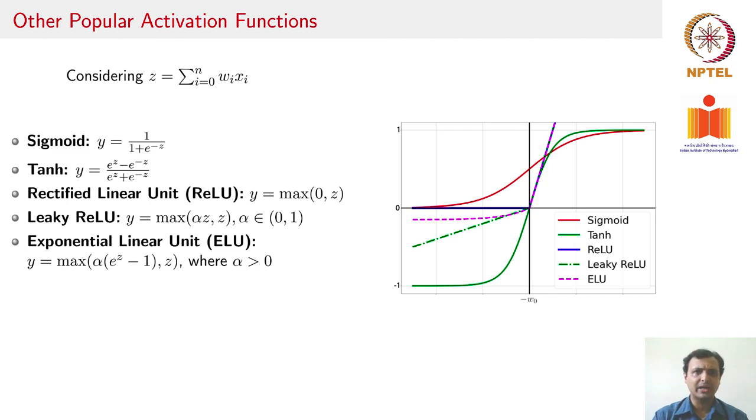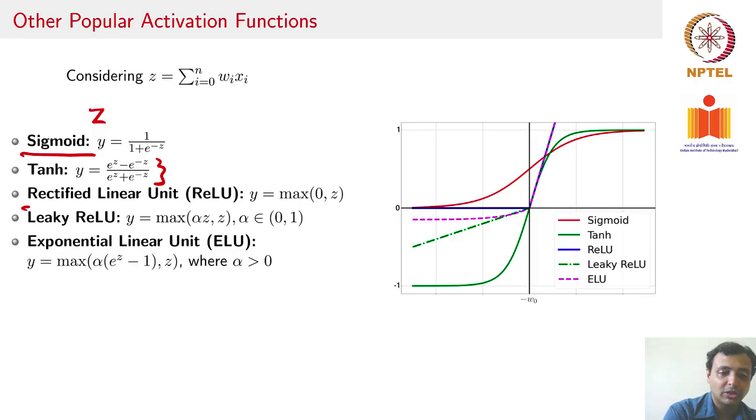There are other popular activation functions. We briefly review them here, but we'll cover them in detail in a later lecture this week. But a sigmoid activation function, we just said, assuming your input is z, is 1 by 1 plus e power minus z. Tan h, as we know, is the hyperbolic tangent, which is given by that formula there.